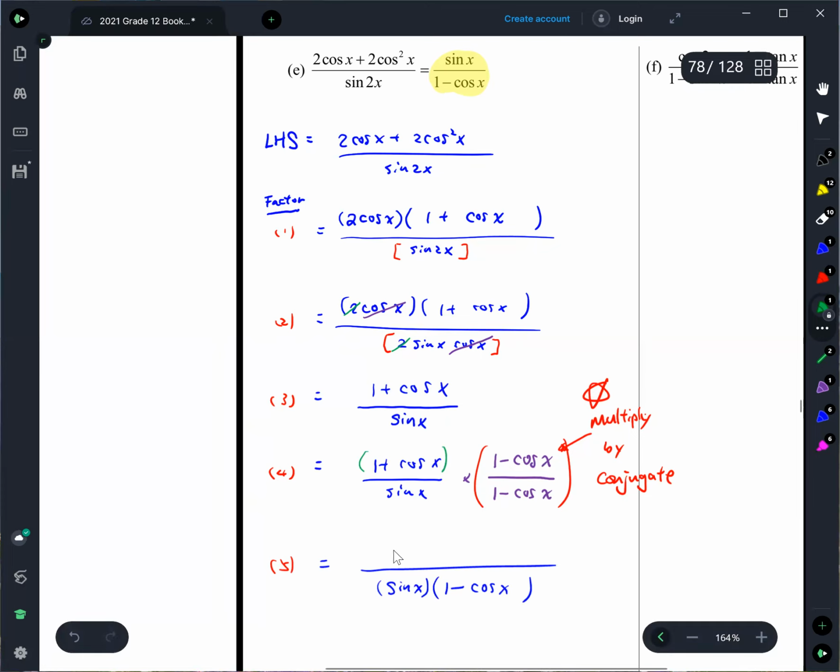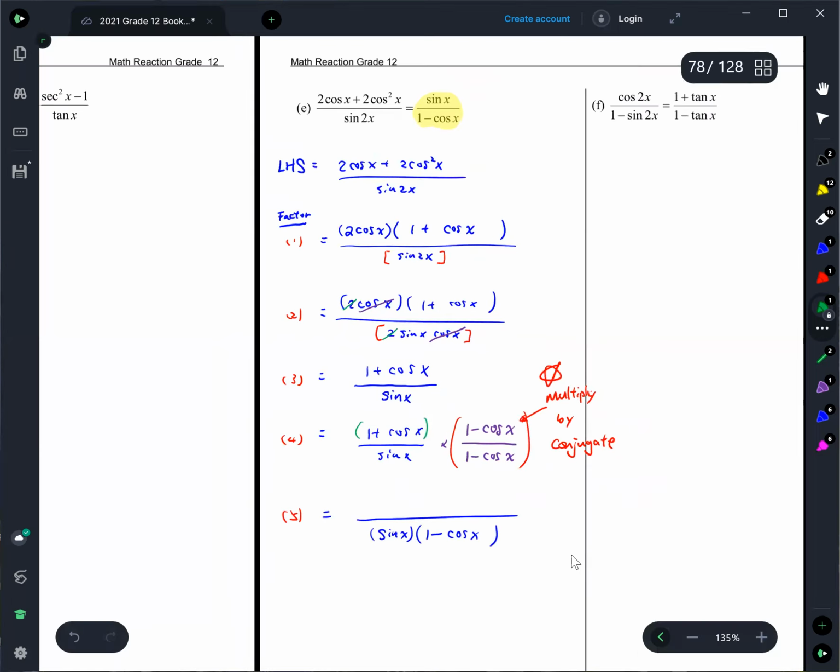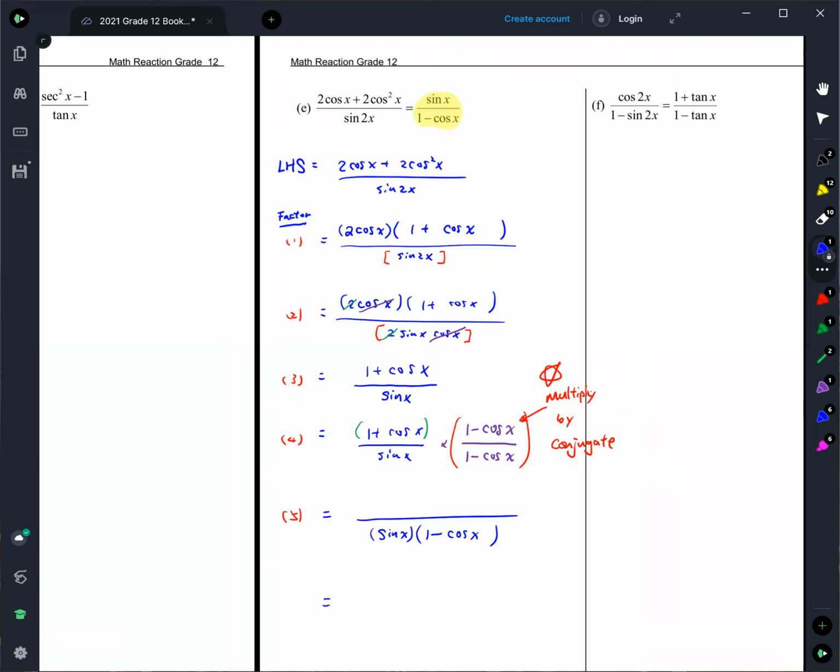Raise your hand if you have the numerator. A plus B times A minus B. Here is 1 plus cosine times 1 minus cosine.